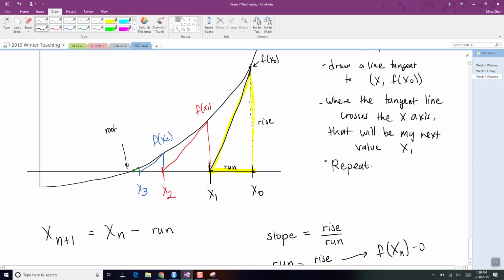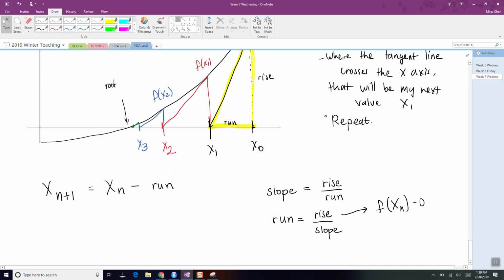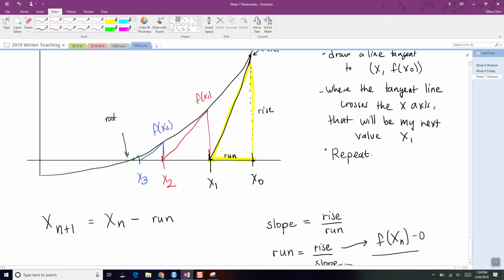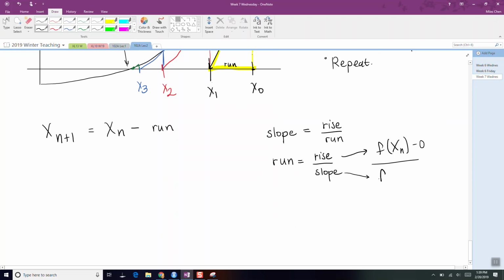Because we started off at 0 and we're going up to f of xn. So that's going to be my rise. And what is the slope at the tangent line? What's the slope here? It's the derivative, f prime at xn. Okay? So this boils down to the next value, xn plus 1, is going to be xn minus f of xn (since f of xn minus 0 is just f of xn) divided by f prime of xn.